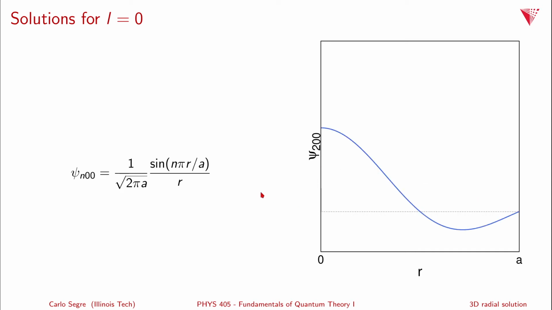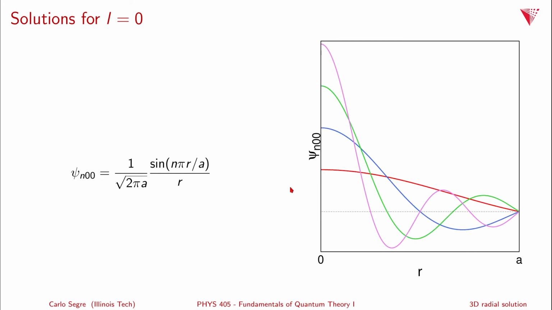That's n equals 1. n equals 2 has a node and then goes to 0, as you might expect. n equals 3 has 2 nodes, goes to 0. And n equals 4 has 3 nodes, and so on. And so we can see how this behaves exactly in the way we would expect. That is, we have 0 nodes, 1 node, 2 nodes, 3 nodes, and so on as you go to higher values of n.